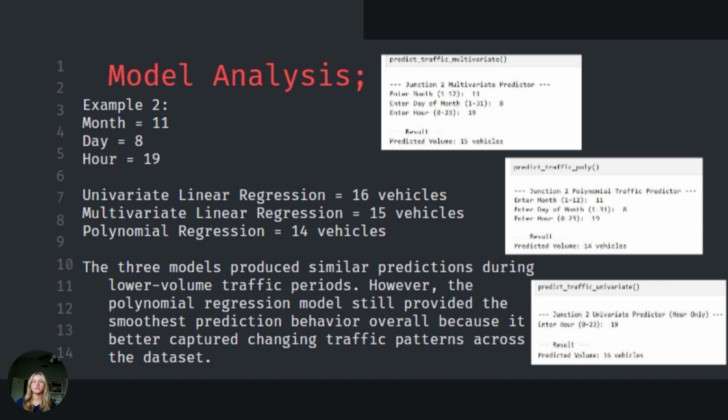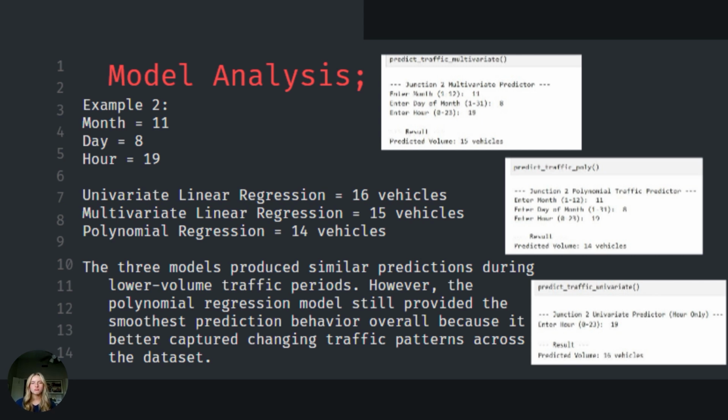Now, to evaluate the performance of the regression models, we needed to do multiple prediction tests using the input values across all three models. For example, using one of the test cases, the univariate model predicted 16 vehicles, multivariate predicted 15 vehicles, and the polynomial model predicted 14.